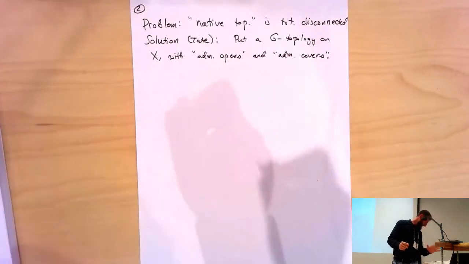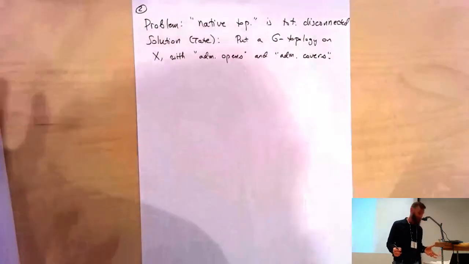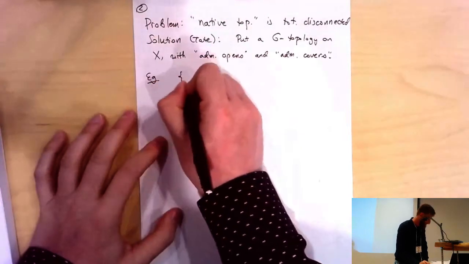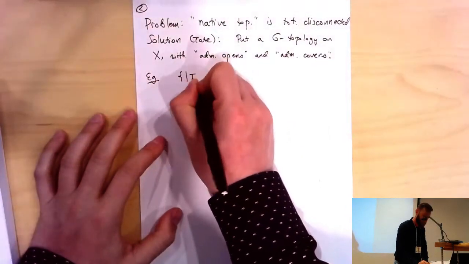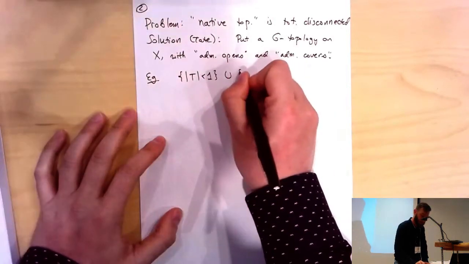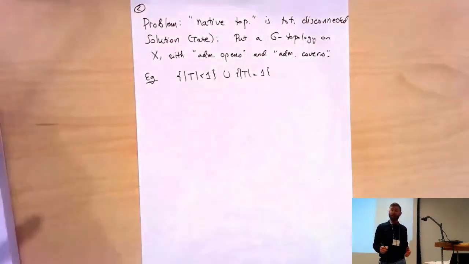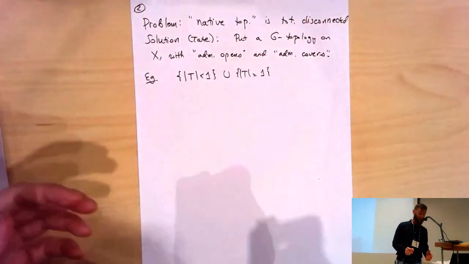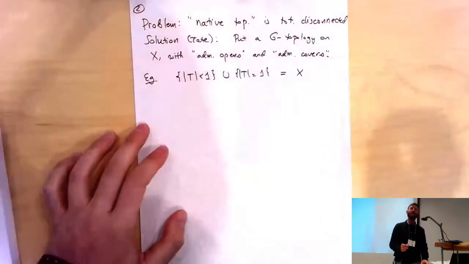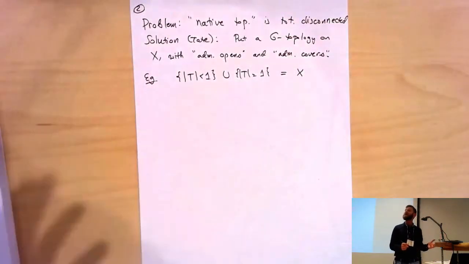But just as an example, the sort of thing that might disconnect X is a set like this. So here, I'll do a set of all elements T which are less than 1, and the set of all elements T which are equal to 1. Okay, these are both open subsets of our set X. But certainly everything in X is either less than 1 in absolute value or it's equal to 1 in absolute value, right?